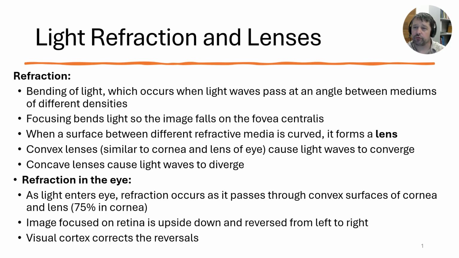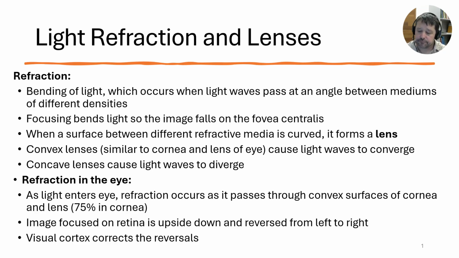If you've ever used a microscope, the image is upside down and reversed because of the lenses that are associated with it. Okay? In the case of our brain, our visual cortex takes that and corrects that reversal. Okay? So you really never see that unless you have an issue with the visual cortex, and it's not able to do that.